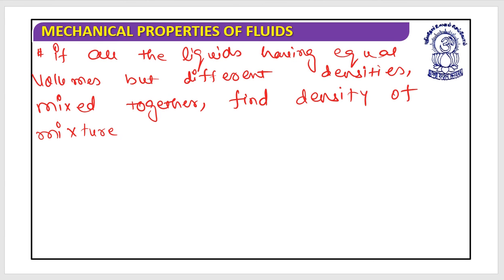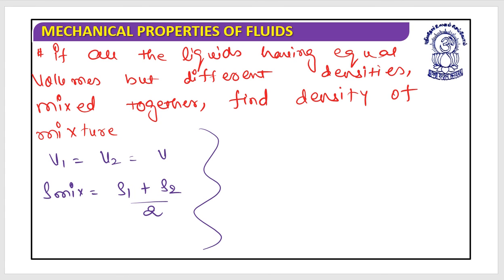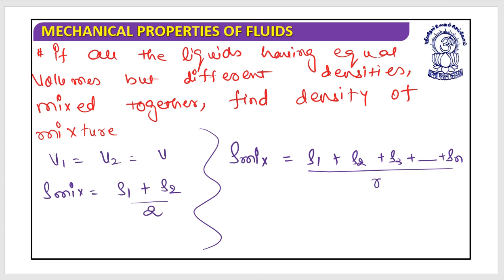That means in my case v1 equals v2 equals v. So the density of the mixture would be equal to density 1 plus density 2 by 2. And in the case of n liquids, the density of the mixture is given as rho 1 plus rho 2 plus rho 3 up to rho n divided by n.